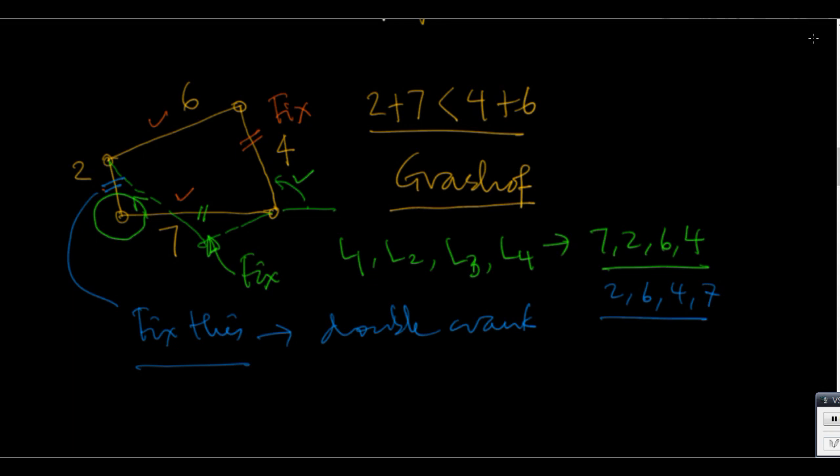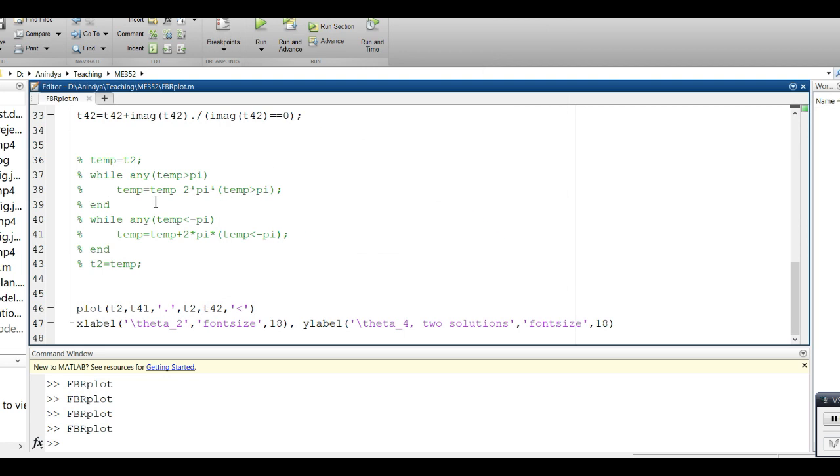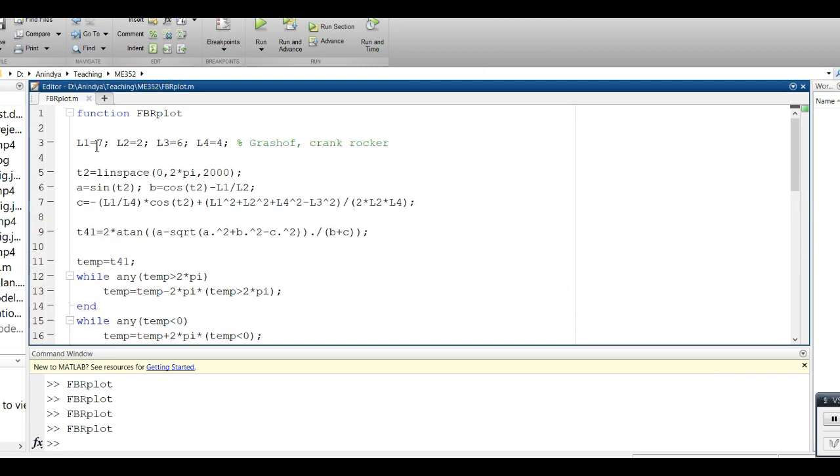Okay, we will come here. I will come here, and I will say 2, 6, 4 and 7, and it should be a double crank.